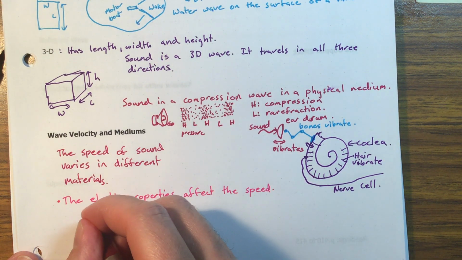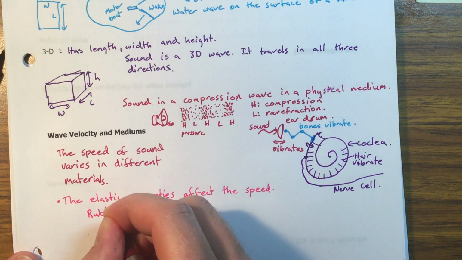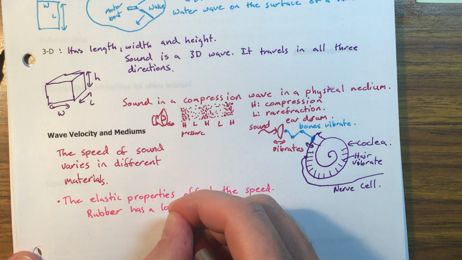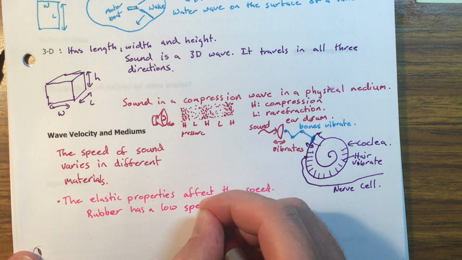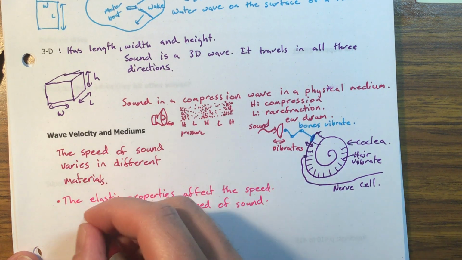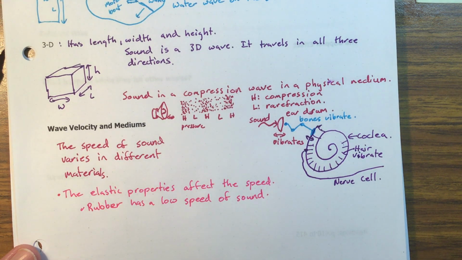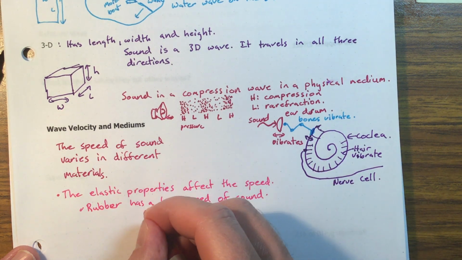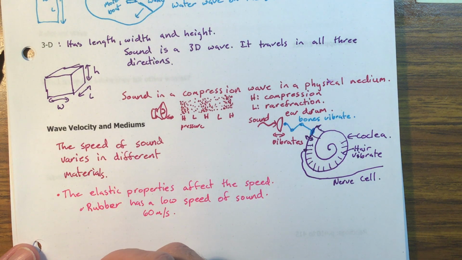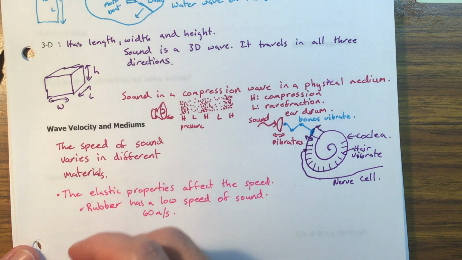For instance, rubber has a very low speed. The speed of sound in rubber is only 60 meters per second. Whereas metal, with much less elasticity, and aluminum is a very unelastic metal.